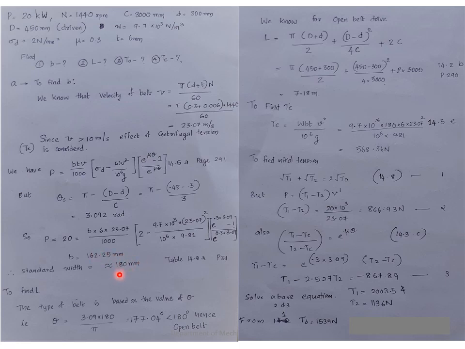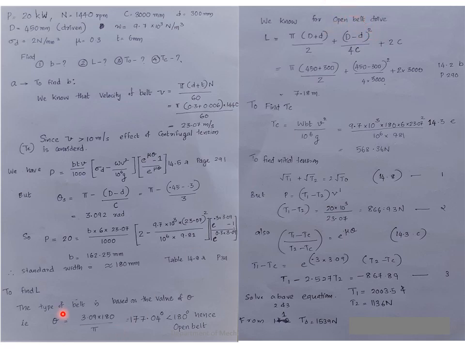To find the length of the belt, you have the equation. All the values are given: pi into (capital D plus small d) by 2, and so on. The equation for L is from 14.2b in page number 290. Substitute those values and you can obtain the length of the belt. Here we assume it is an open belt.